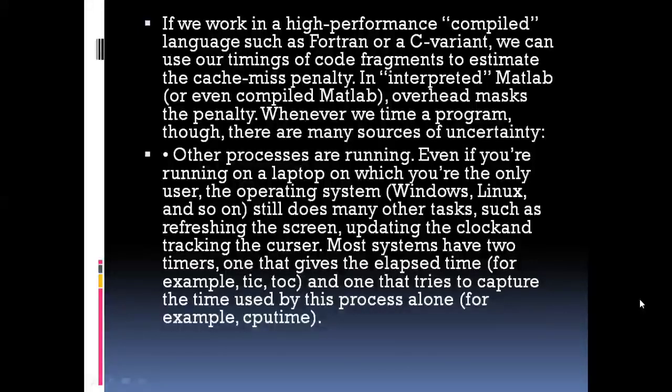Whenever we time a program, there are many sources of uncertainty. Other processors are running. Even if you are running on a laptop on which you are the only user, the operating system still does other tasks such as refreshing the screen, updating the clock, and tracking the cursor. Most systems have two timers, one that gives the elapsed time and one that tries to capture the time used for this process alone.